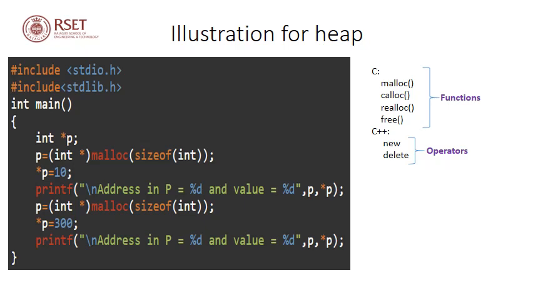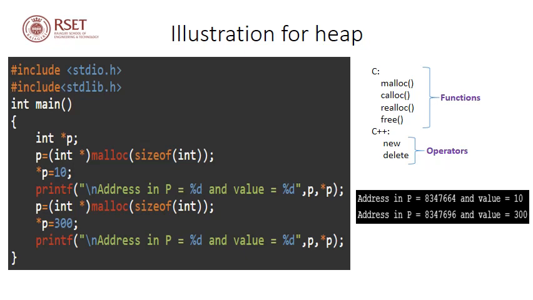And the initially assigned memory location in the heap is not yet freed. It's still marked as being used currently. So let's see the output of this program. You can see that the address in p in the first case is 8347664, and in the second case we are not using the same address, it is 8347696.